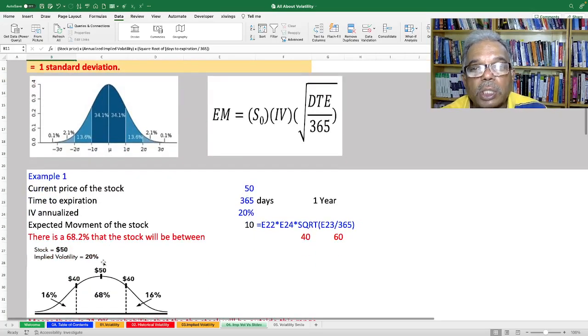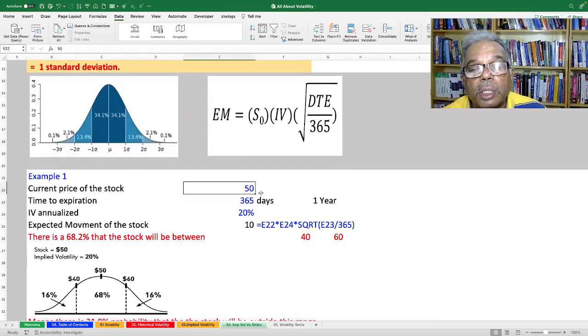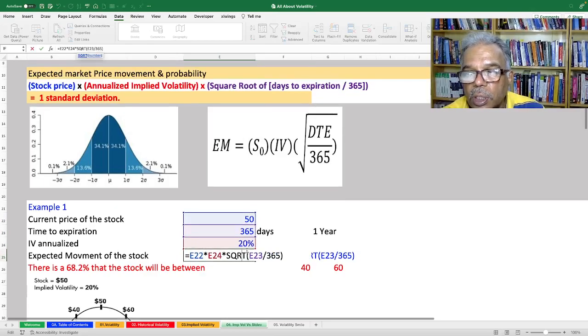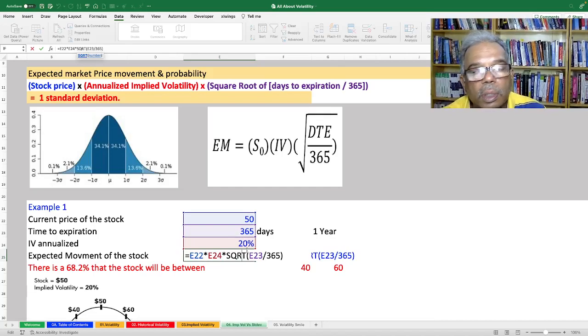Let's take a quick example to calculate. Say the current stock price is 50, and let's take the period as 1 year, 365 days, and the implied volatility is 20%. So the expected movement is current 50 times implied volatility 20% times square root of 365 divided by 365.